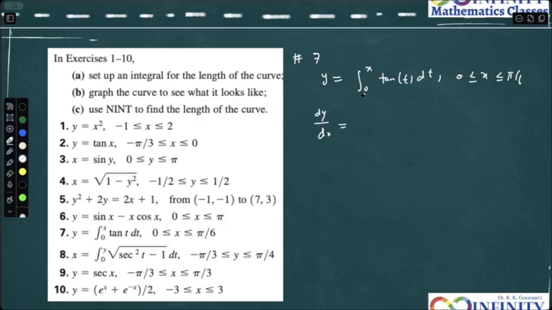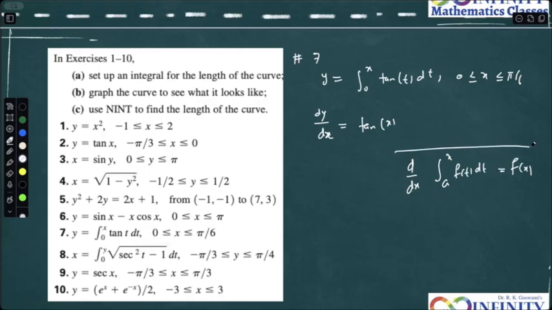Can you please apply that theorem? What should be the derivative of the above expression? It should be tan x only. Remember, whenever you take the derivative of the integral from a to x of f(t) dt, this is going to simply be f(x).